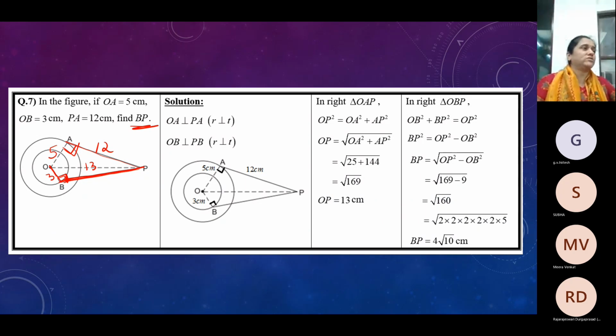OP is the hypotenuse, because it's opposite the right angle. That's all it is.